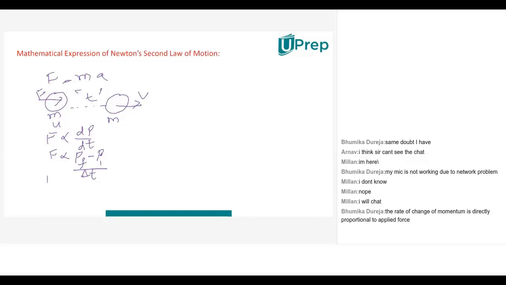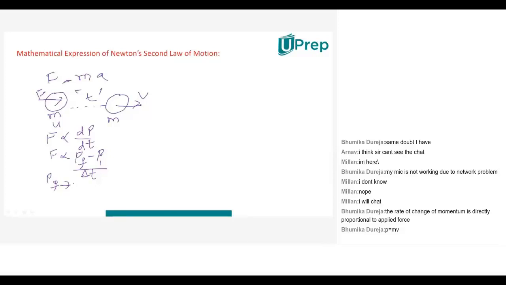And what do we have to write according to Newton's second law of motion? F is proportional to Pf minus Pi by delta t. Delta t means change of time.